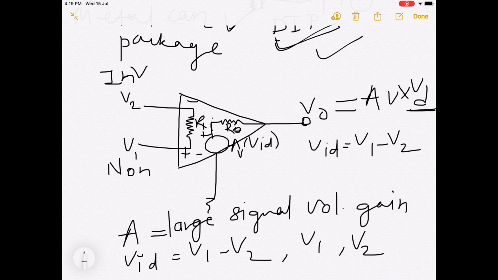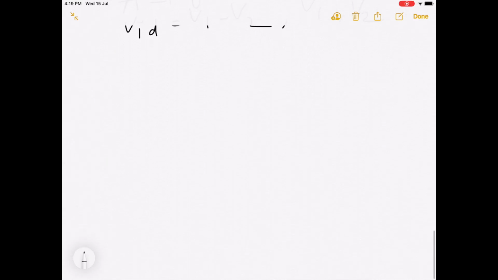Next we will see the ideal and practical characteristics of an op-amp. In the data sheet of an op-amp, different parameters are mentioned with different values. We have to study those parameters first, and then we will see one data sheet so that we come to know the actual values of those parameters.